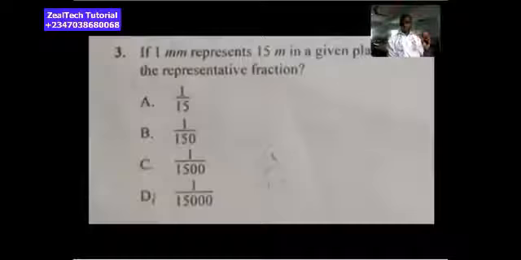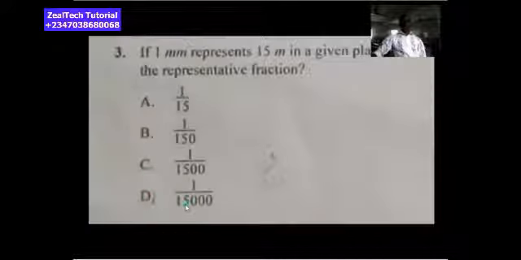Since it's 1 millimeter, and we are comparing with meter, we know that 1 meter is the same thing as 1,000 millimeters. So to convert these meters to millimeter, we just have to multiply that 15 by 1,000. Automatically, this gives us a ratio of 1:15,000. D is the correct answer. A, B, and C are wrong.